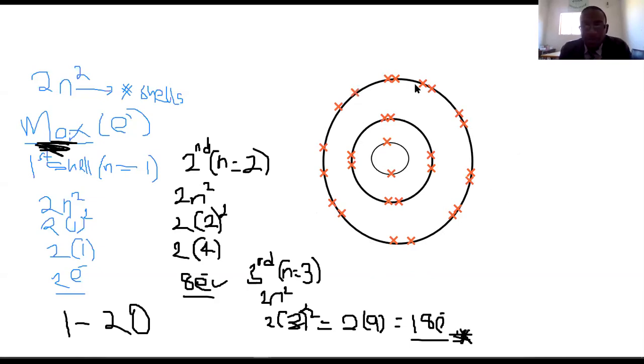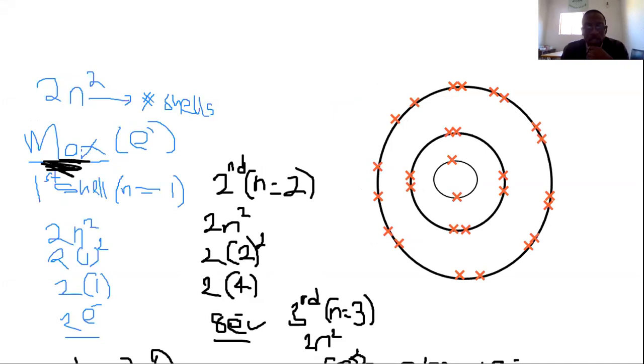So the third shell should hold the maximum of 18 electrons. Now, this one comes with conditions, but we will be able to talk about those conditions later on.